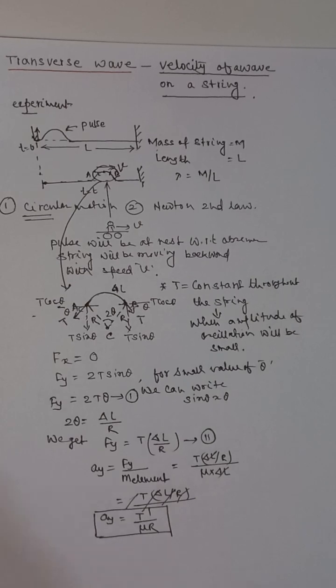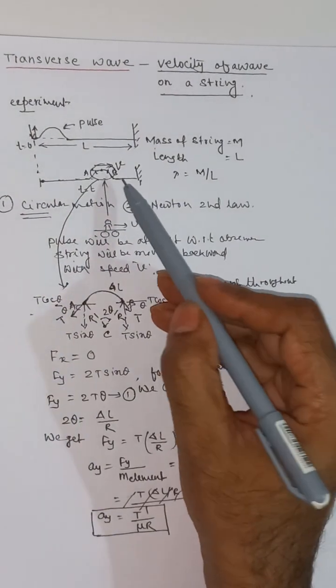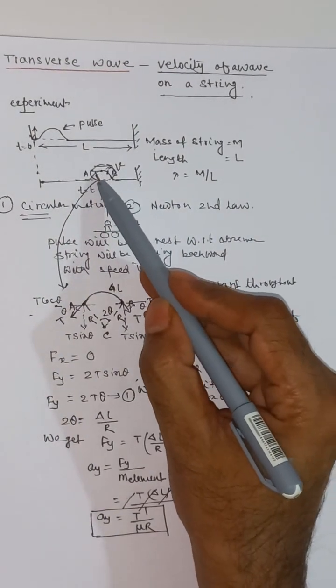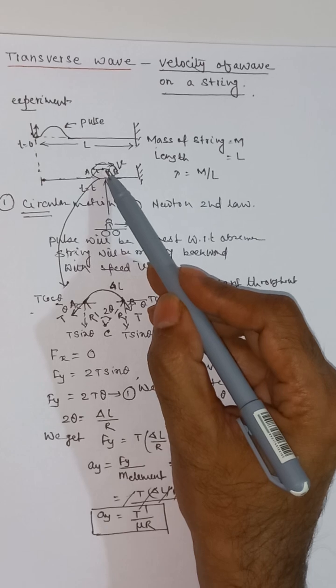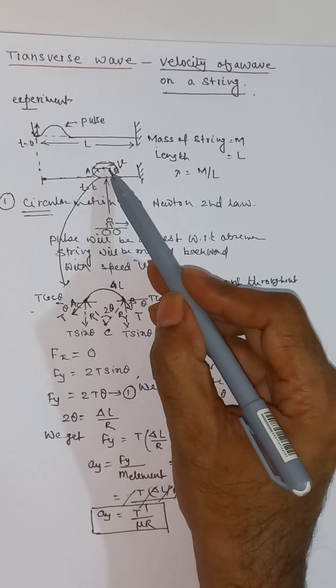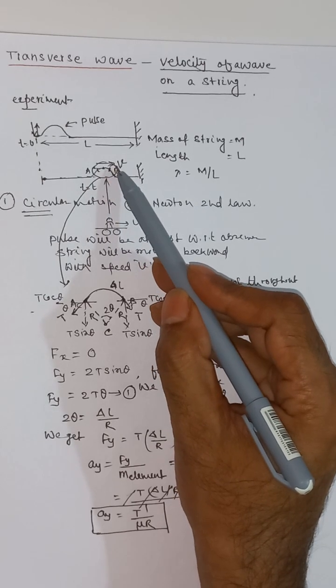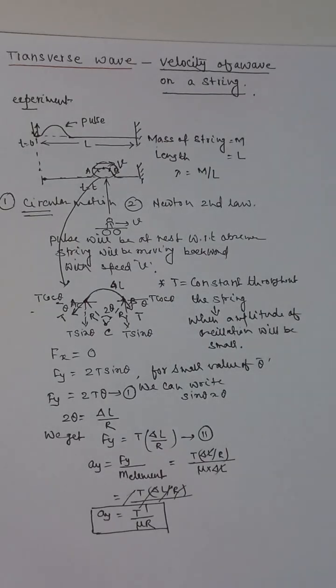Now, with respect to the observer, the element AB is moving on this arc with speed v.